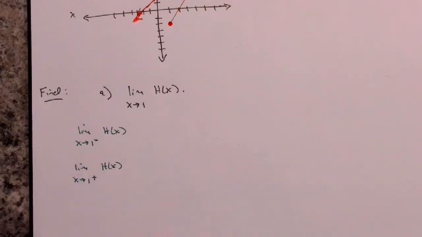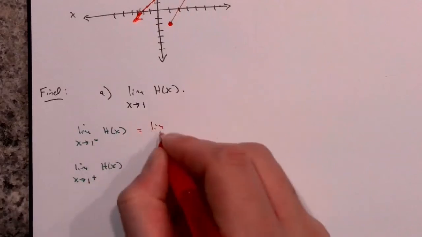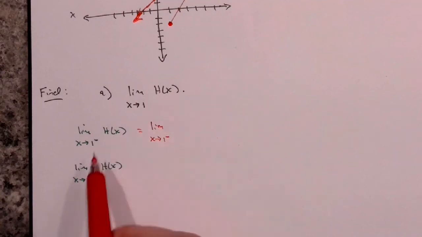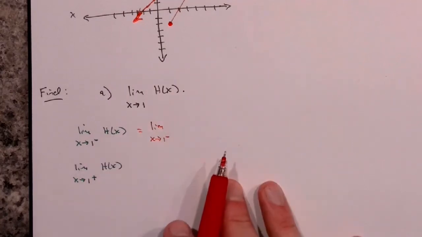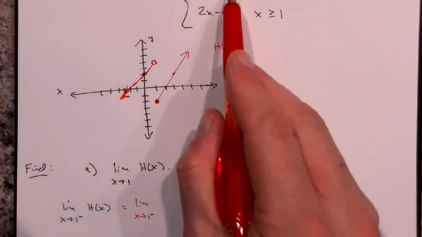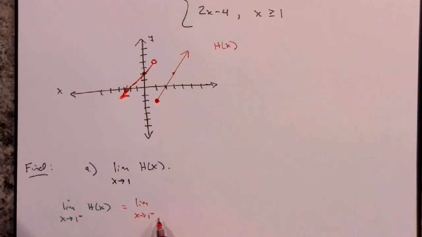Now, because we're looking at these from the left and right side, I can write this individually. This is equal to the limit as x approaches 1 from the negative side of h of x. Well, where's the negative side of 1? The negative side of 1 would be numbers to the left, numbers that are less than 1. So I know I'm using 2x plus 2 for h of x in this case, because that's where the left side of 1 would be. So it's really the limit as x approaches 1 from the negative side of 2x plus 2.